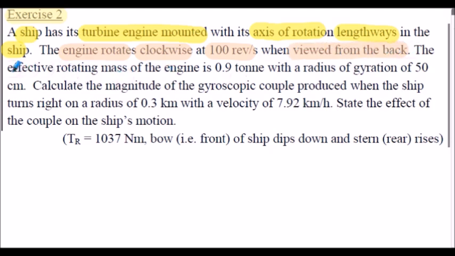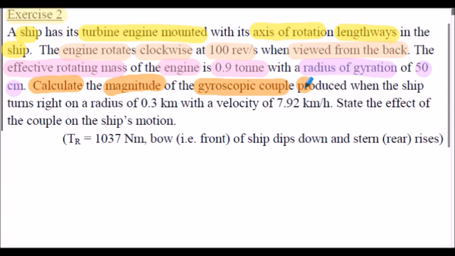The effective rotated mass of the engine is 0.9 ton, and it has a radius of gyration of 50 centimeters. We're asked to calculate the magnitude of the gyroscopic couple that's produced when the ship turns right on a radius of 0.3 kilometers at a velocity of 7.92 kilometers an hour.